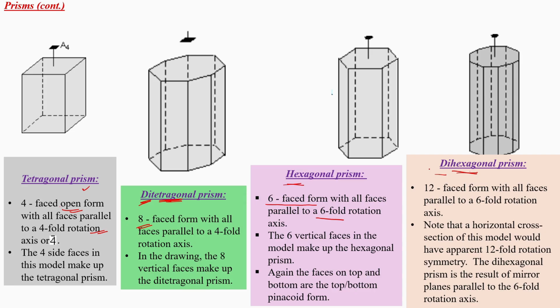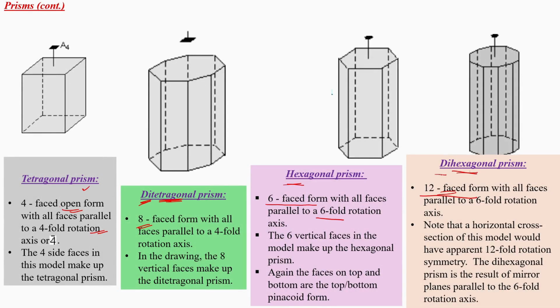Dihexagonal is 6 into 2, 12 similar faces parallel to the C rotation axis. Though it appears to be a 12-fold rotation symmetry, it is a dihexagonal prism, and as a result of the mirror plane parallel to the six-fold axis, only six-fold symmetry is present in this form.